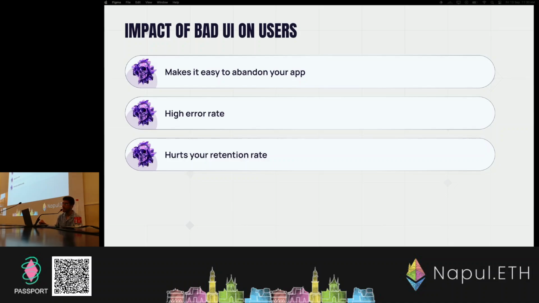I've been seeing it in my Twitter feed for a while: someone mistakenly sent 5 ETH to someone they didn't intend to. Or using the wrong wallet or interacting with the wrong smart contract. So at the end of the day, bad UX hurts your retention rates and your reputation as well. Users won't come back if they don't trust your platform. And you make users trust your platform through good UX and really doubling down on that.